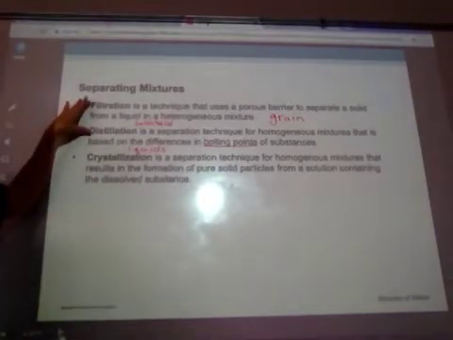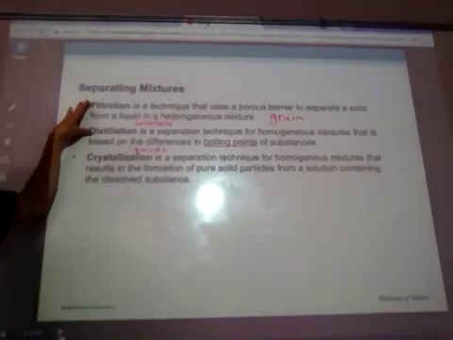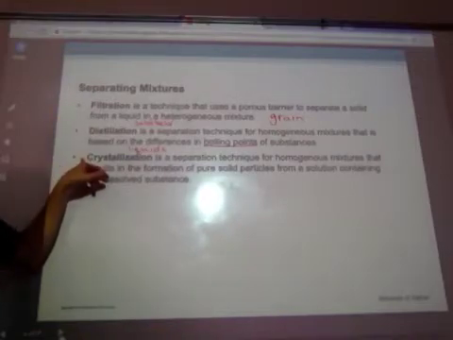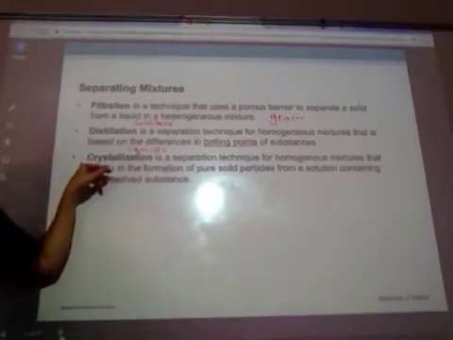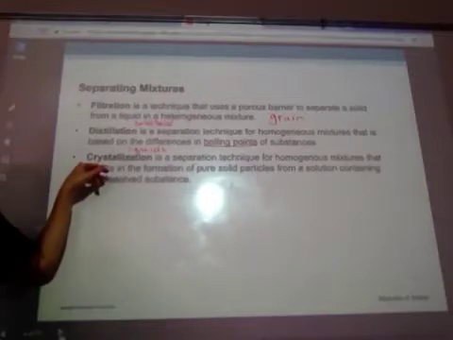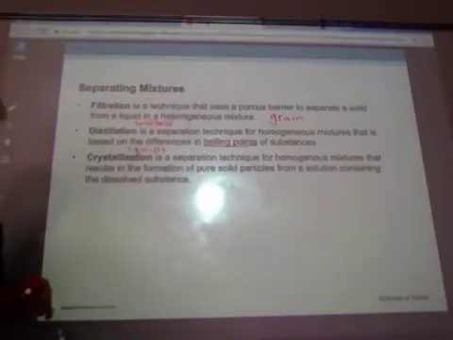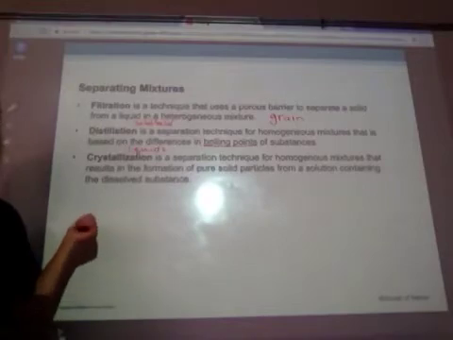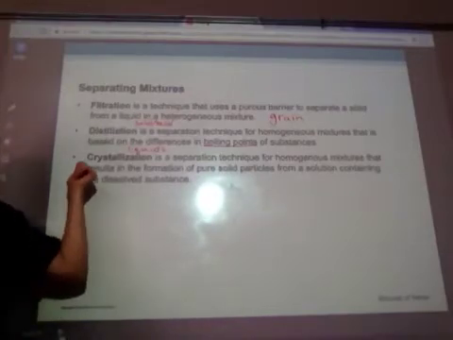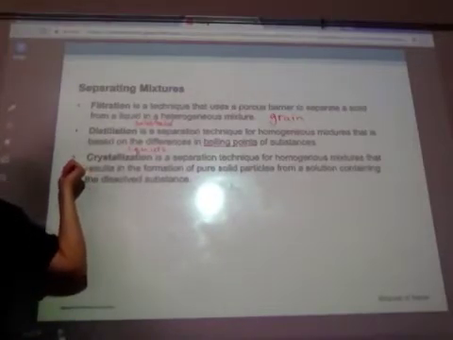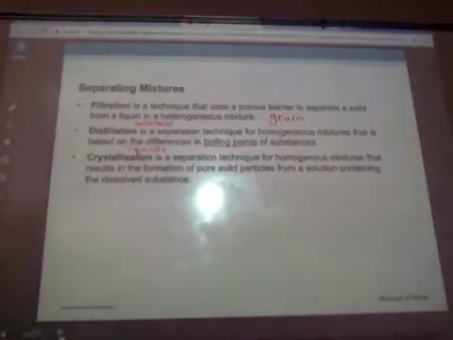These two are definitely more common in what I would call the normal world. Crystallization is used probably more so in science laboratories and things like that. Most likely you have not ever used crystallization for anything.